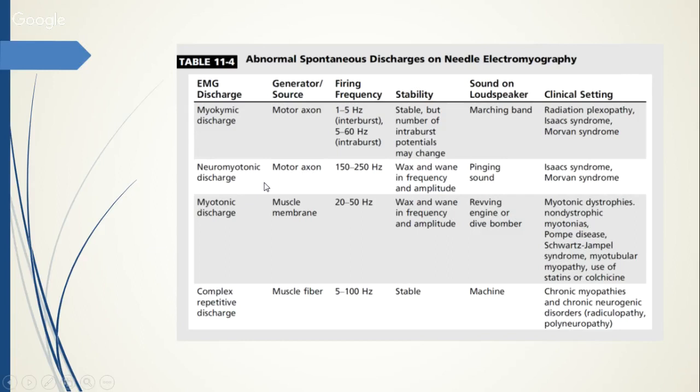Unlike the neuromyotonic discharge, which is 150 to 250 hertz and waxing and waning, they describe it as a pinging sound. Myotonic discharges, which come from the muscle membrane, also have a waxing and waning frequency.